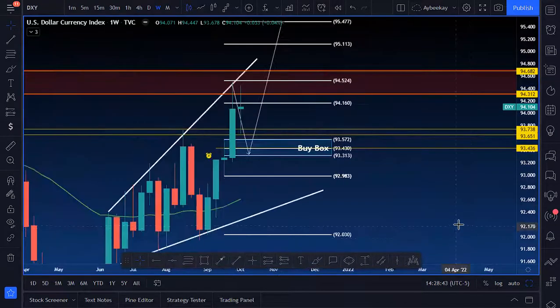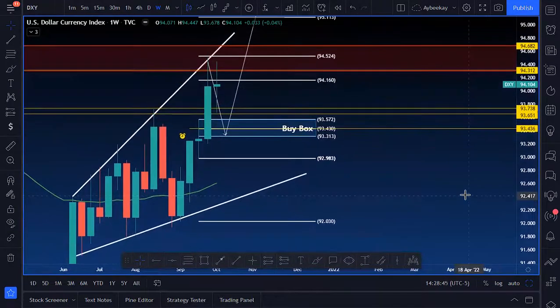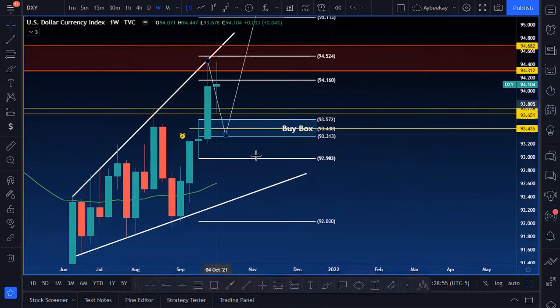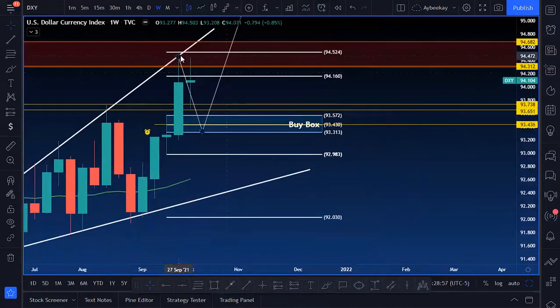There we go. It's not looking like the greatest to me, because on the weekly time frame there is this doji candle, so that means that there might be some indecision in the market.